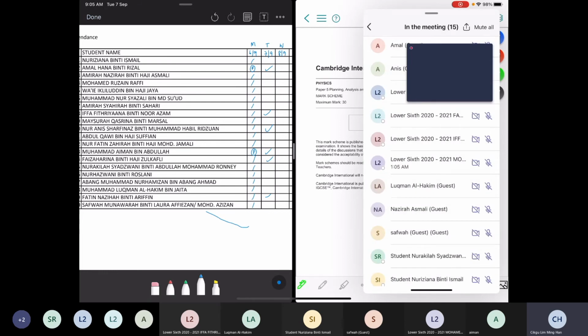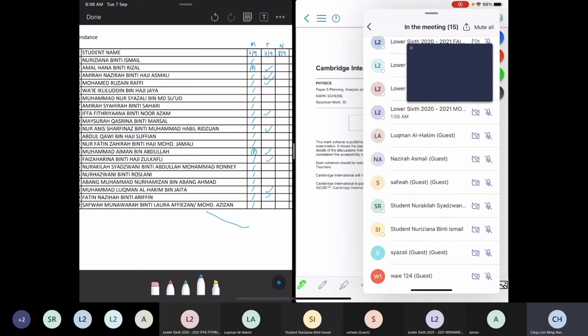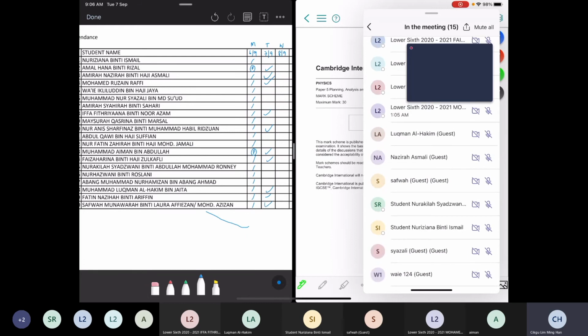Lokman first. Lokman. Who is this? Muhammad Resign, Hamizan. Oh, okay, okay. Resign. Yes, yes, resign. And then we have Nazira. Okay. We have Safwa, the last one here. We have Norakila. And then we have Noriziana.